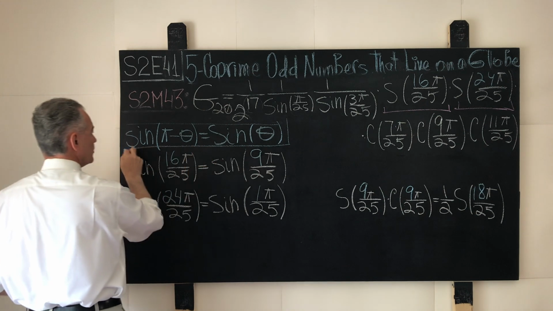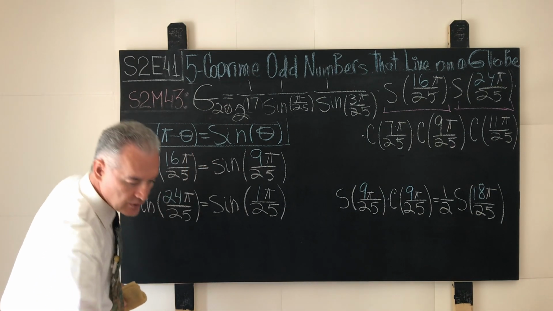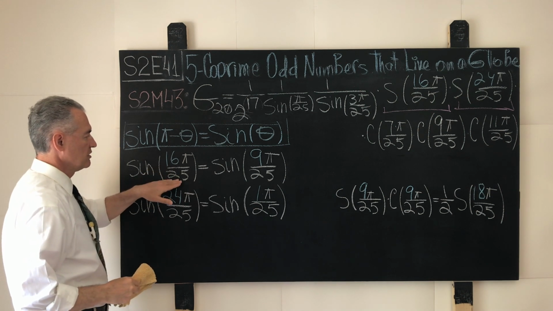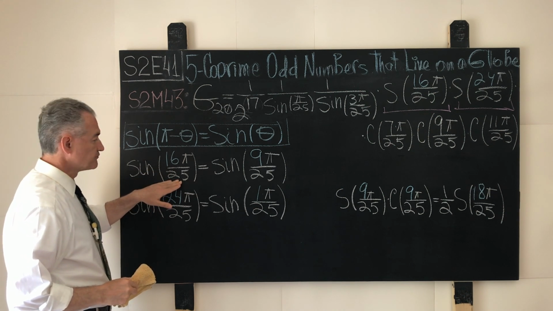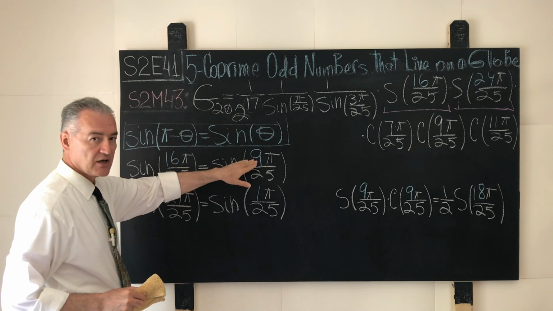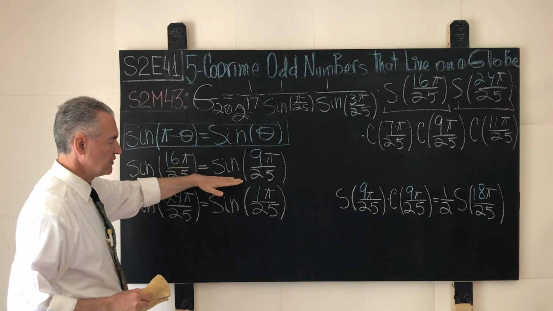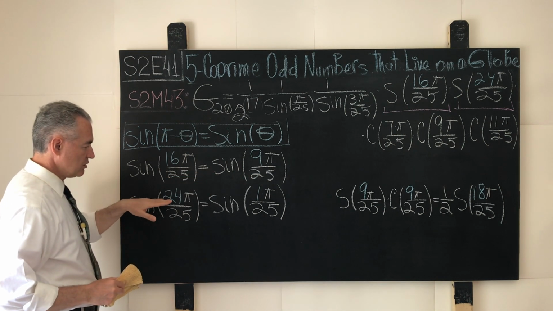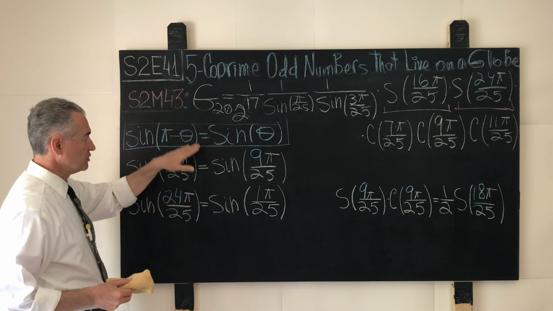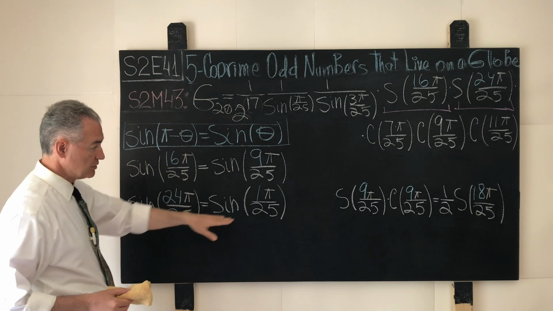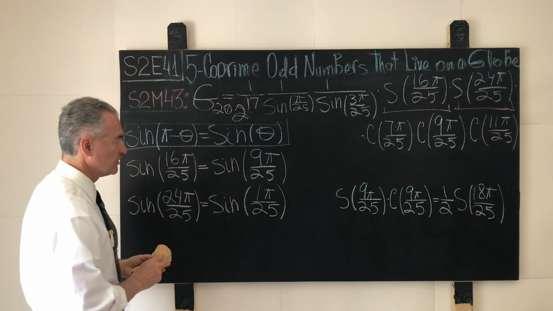This formula over here, we used it before, but now according to this formula, the sine of 16 pi over 25 is what? The distance between 16 and 25 is 9. Boom, we have 9 pi over 25 for the same trigonometric function of sine. And the sine of 24 pi over 25 is, again, according to this formula over here, the distance from 24 to 25 is 1, so pi over 25.